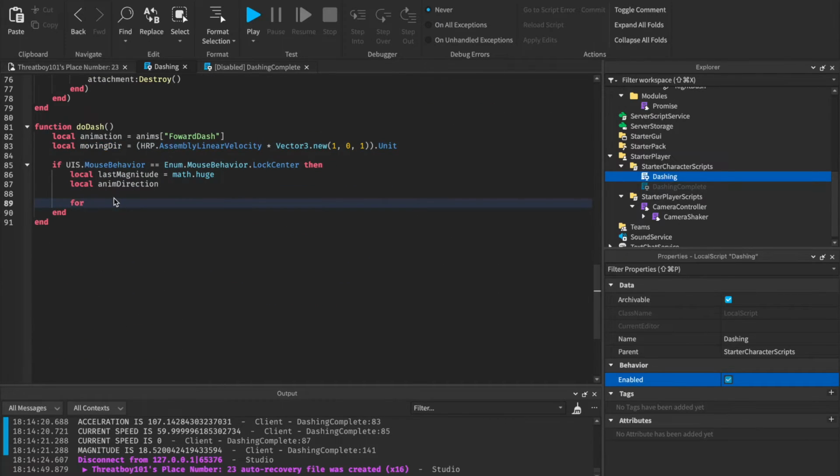So to do that, I'm going to loop through that directions mapping. Just call this direction name. I guess I'm gonna call this closeness.